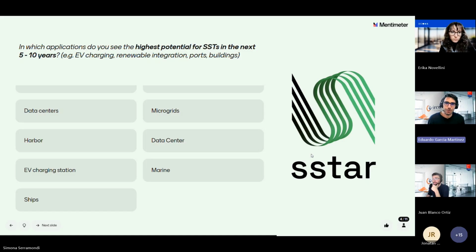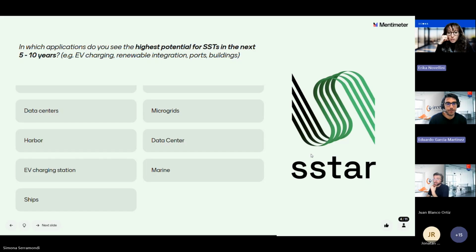So if you want to have this intercompatibility, you need to integrate in DC like EV chargers, but with high power, because we are talking about ships, we are talking about megawatts, and it's where SSTs are going to go, I mean, to increase the market. I mean, in these cases.